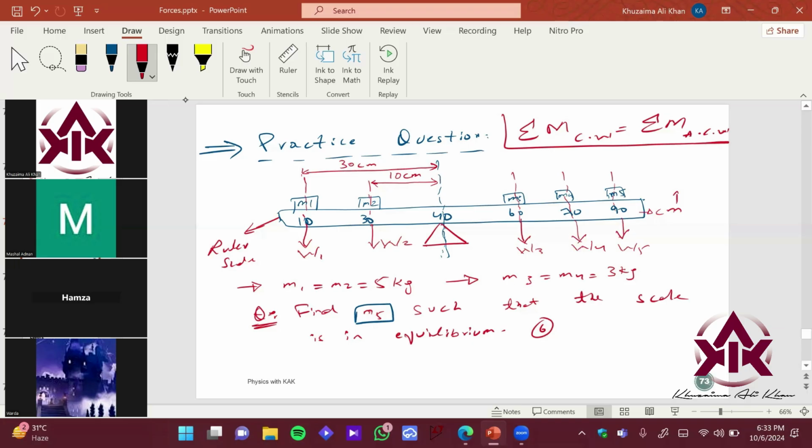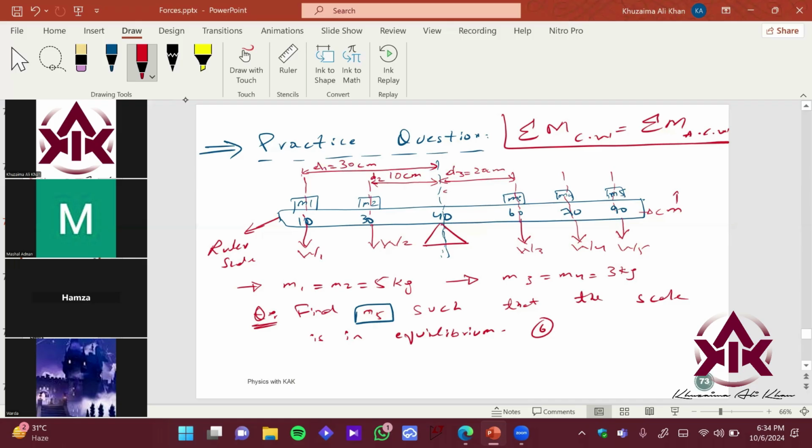This is D1, this is D2. Let's find D3. The distance of mass 3 from the pivot is 60 minus 40, so D3 is 20 centimeter.